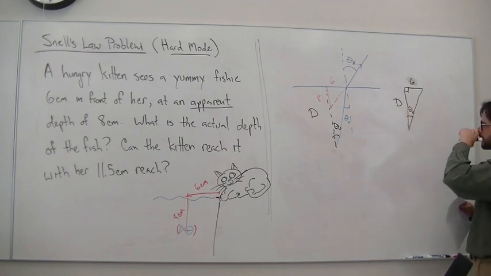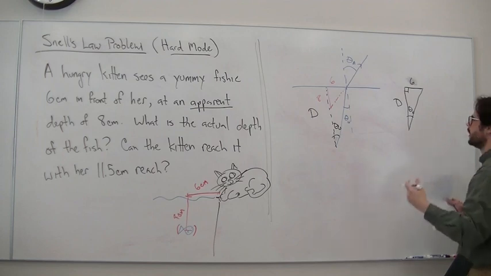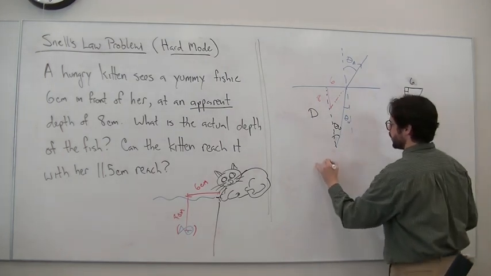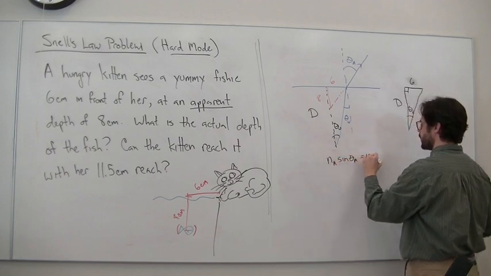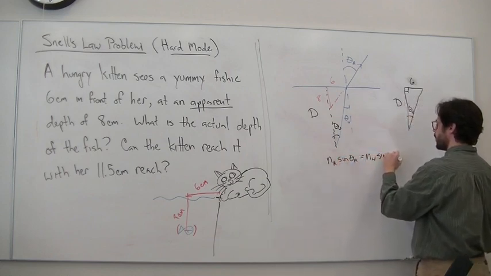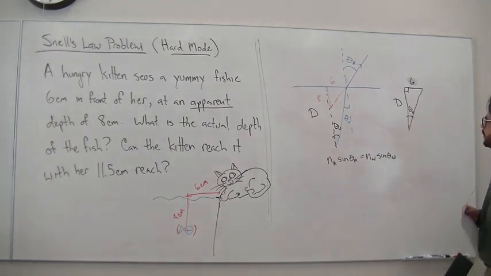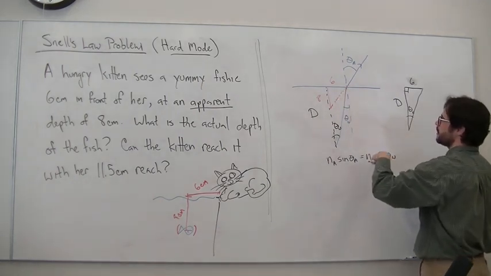Okay. So now what I can do is Snell's law, great. And Snell's law will tell me that n air sine theta air equals n water sine theta water. And well, I've got these, I don't have that.